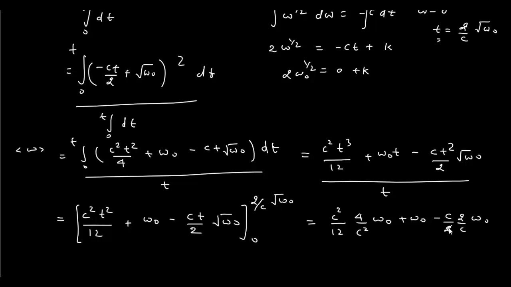So from here we get minus omega naught, this is plus omega naught, this gets cancelled, c square gets cancelled, 4 and 12 give 3. So the final answer is omega naught by 3, and this is our result.